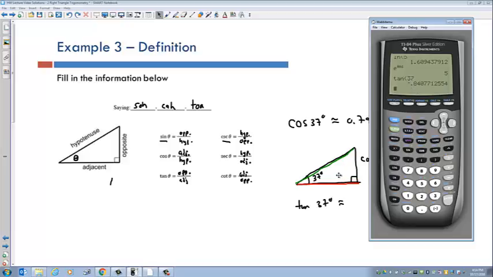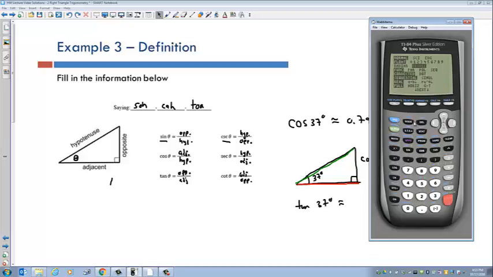It should be positive, shouldn't it? It's the opposite side over the adjacent side. But what happened here is that, if you remember, my calculator is no longer in degrees. It's actually in radians. So we want to fix that. We'll talk about what happens when you take the tan of an angle and you get a negative number, but I don't want to talk about that right now. So I need to change this back to degrees.